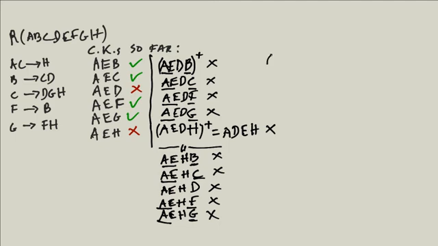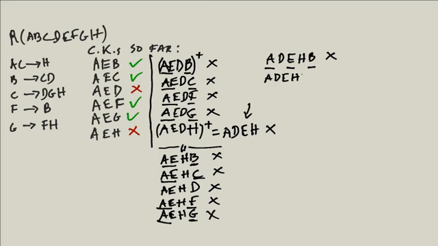So let's see, A, D, E, H, and I'm going to combine it with B. Okay, so I have the same situation as before because I have A, E, and I have B. So A, E, B is already a candidate key, so this would be a superset of this candidate key. Can't use it.